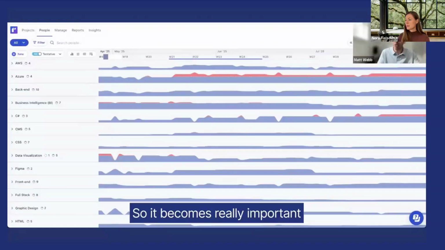So it becomes really important just to make sure that you have those pillars of change planning established very early, before you go out and start applying technology to process and start applying technology to your resource management function.